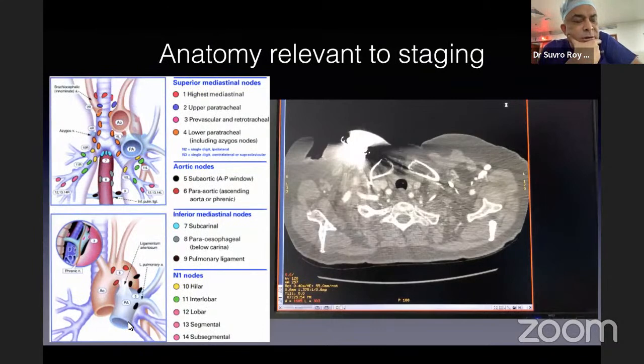So we know that the nodal stations, we should ideally describe them. We are still old-fashioned, and we still describe them as we were taught anatomically. But of course, you can have nodal station number 1, 2, 3, 4. Level 4 is lower paratracheal, including the azygous nodes.